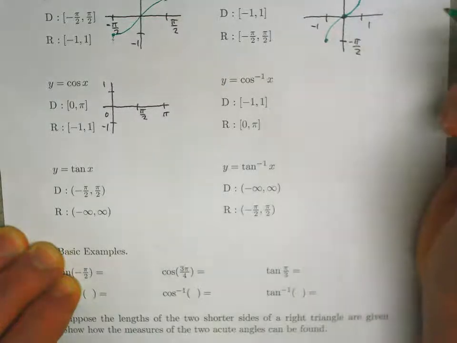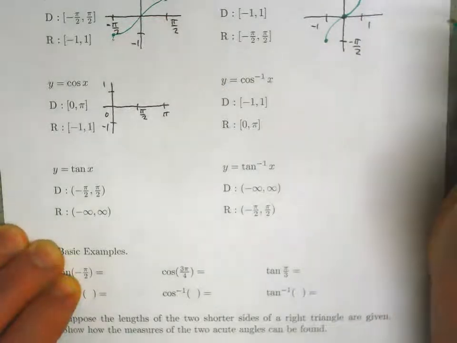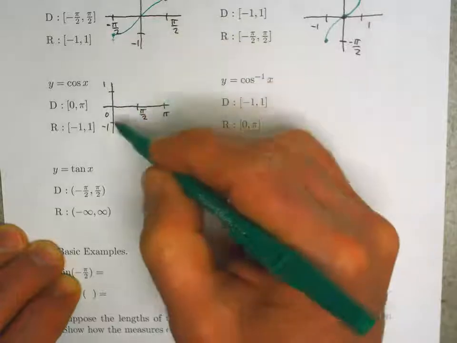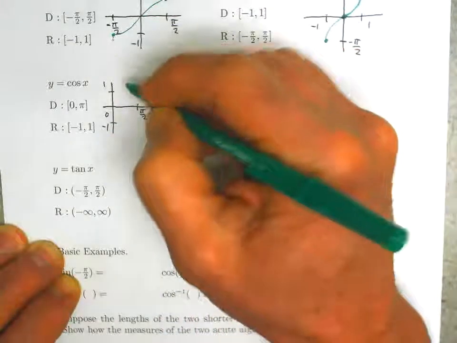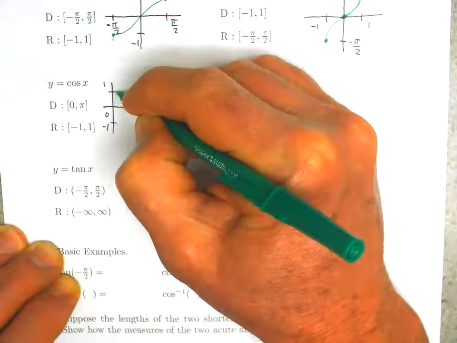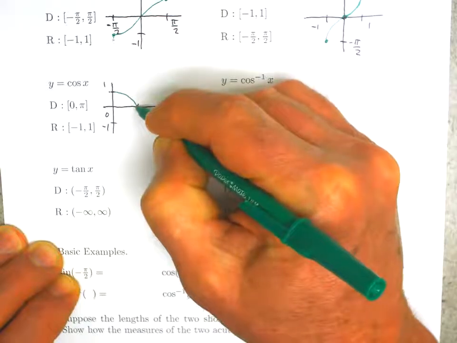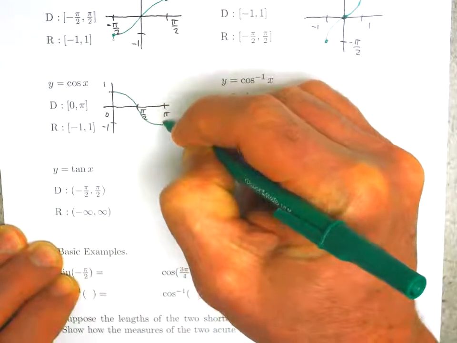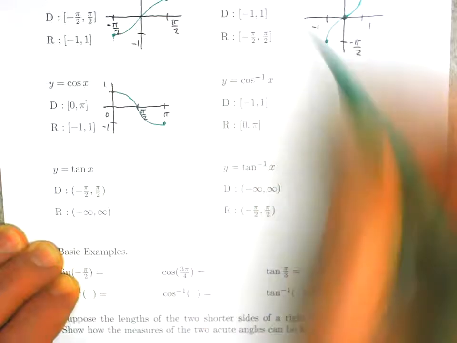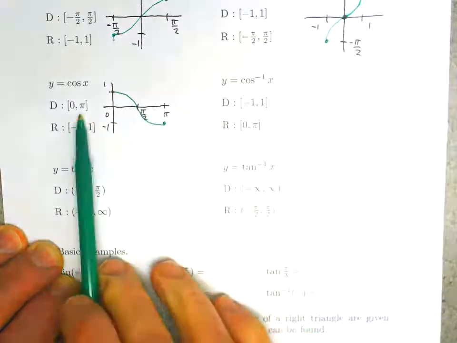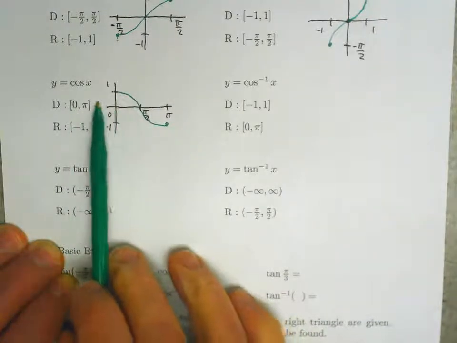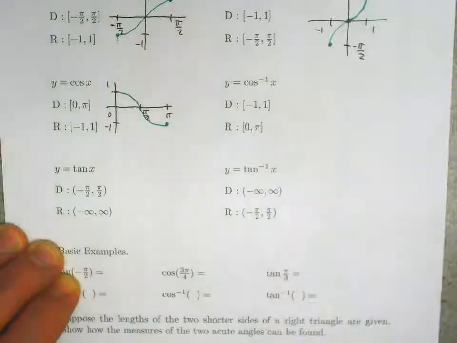So we remember what y equals cosine of x looks like in general, but on the restricted domain from 0 to pi, it will just be this part. Okay, so on this restricted interval, cosine of x is a 1-to-1 function.